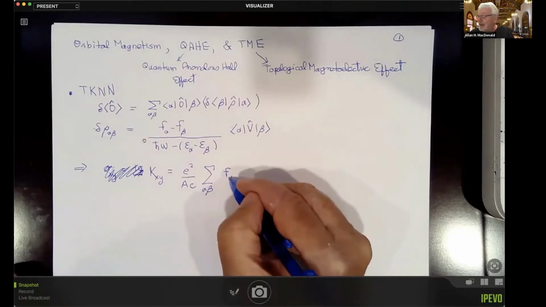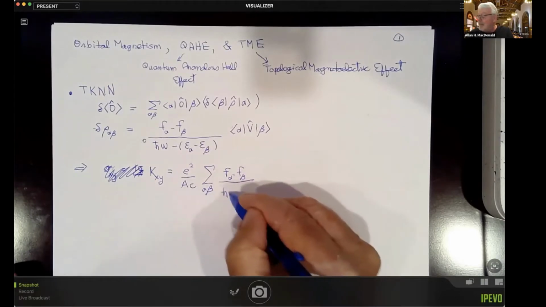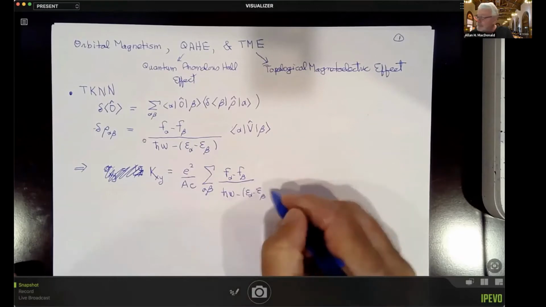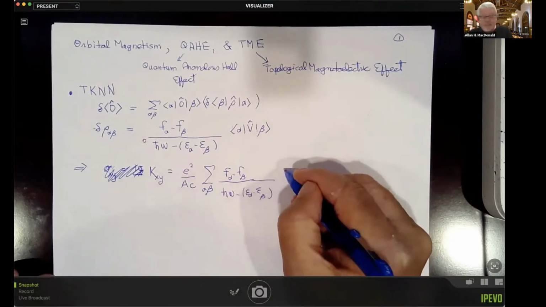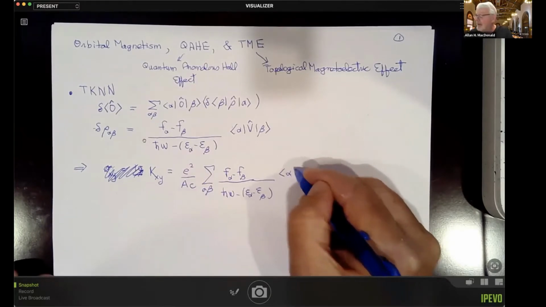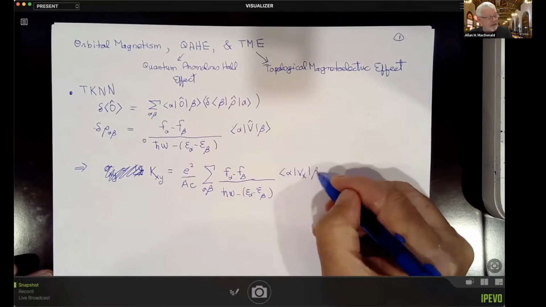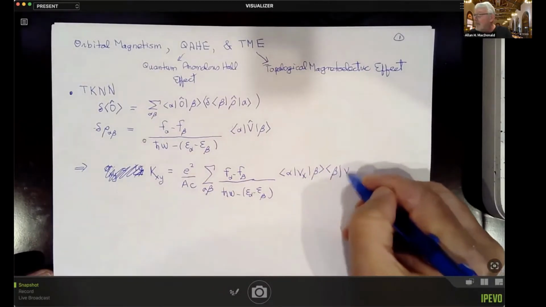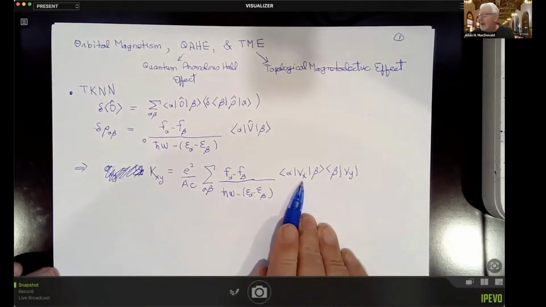Difference of Fermi factors over energy denominator, and matrix elements of the observable, which is the velocity operator. The observable we're interested in is velocity in the x direction.